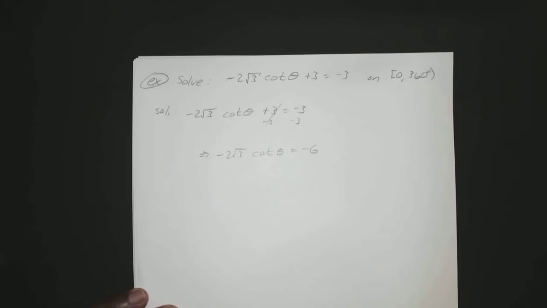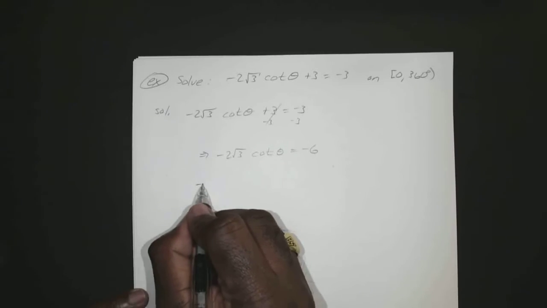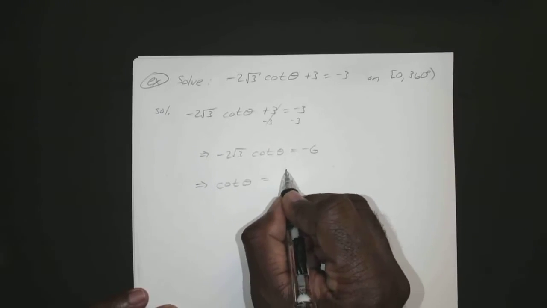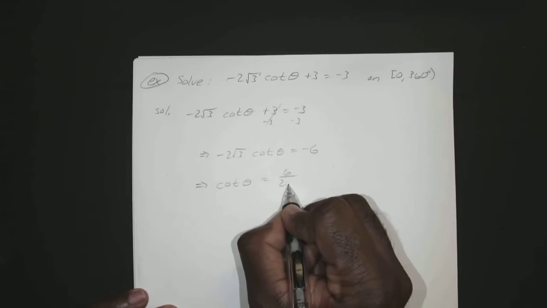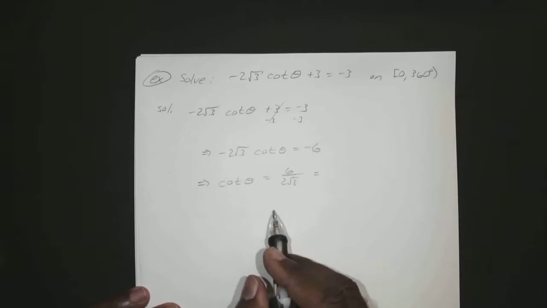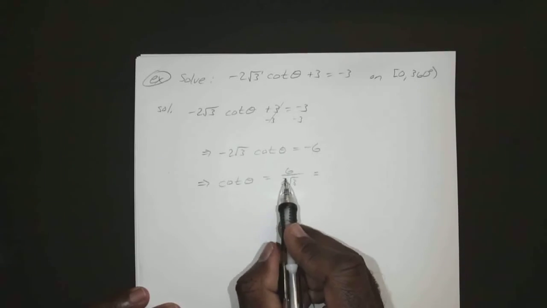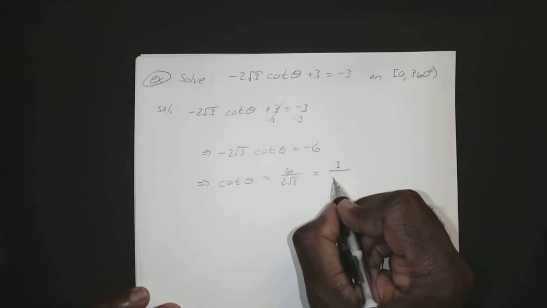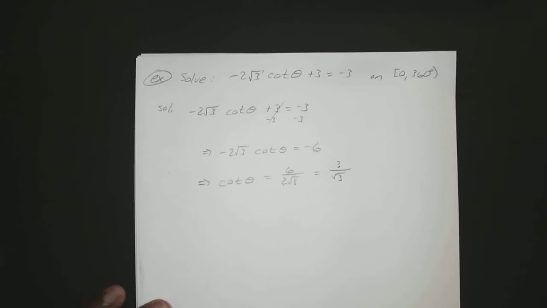Okay, so if we divide both sides by -2 square root of 3, cotangent of theta equals 6 over 2 square root of 3. 6 and the 2 cancel each other out, so you end up with 3 over square root of 3.